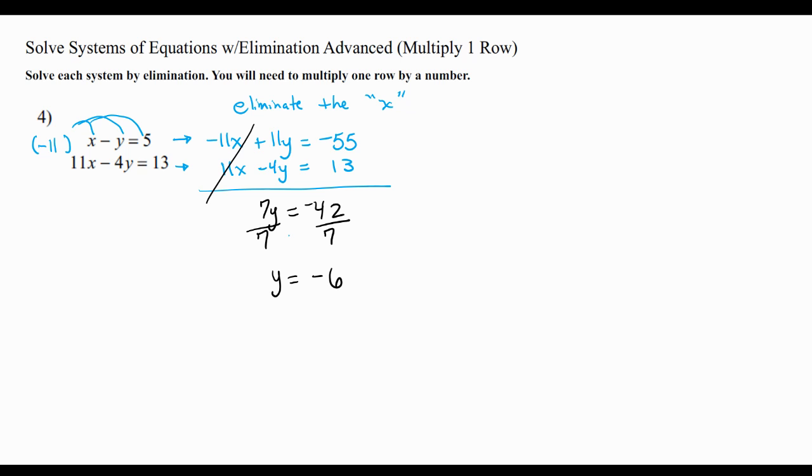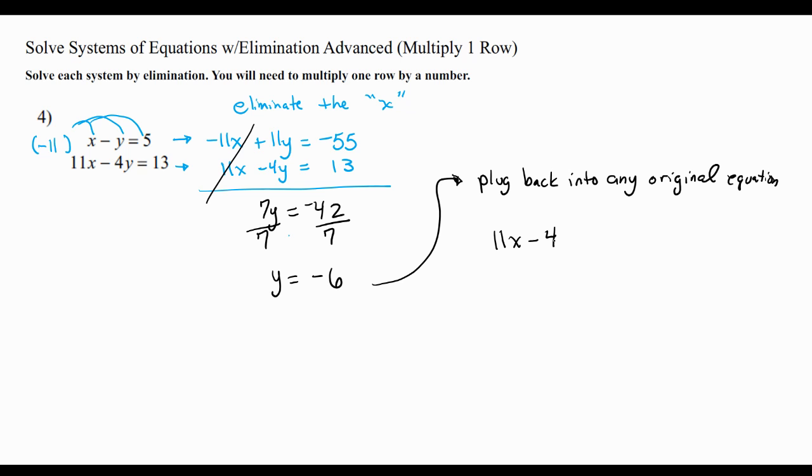Okay. All right, we're going to take this and we're going to plug it back into any original equation. I'm going to choose to do the bottom one. The reason why I chose to do that is because there's not so many hidden ones.